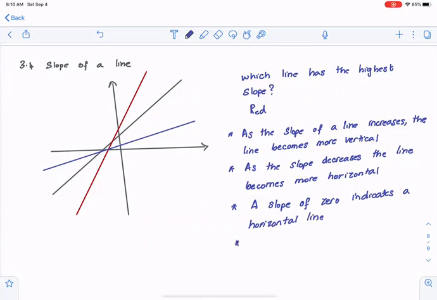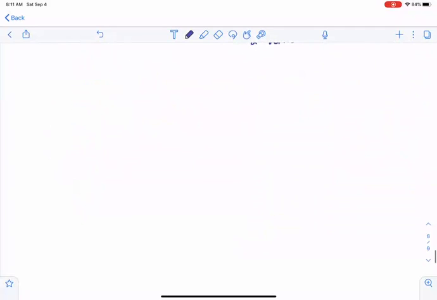On the other hand, in upper level math, we call it infinity, but I'll just say an undefined slope indicates a vertical line.